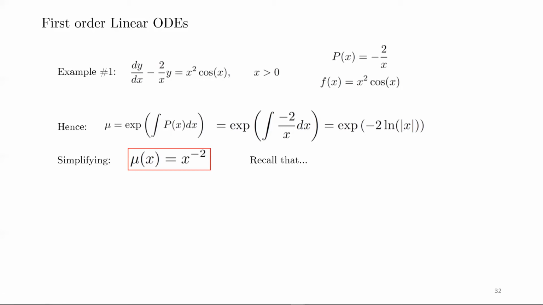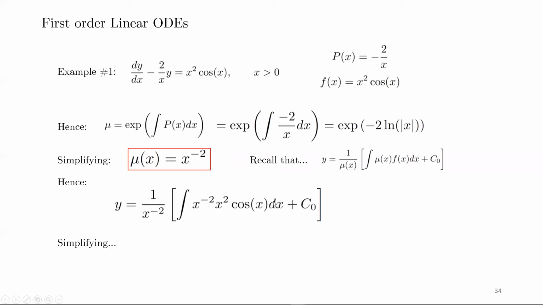So please convince yourself of the algebra there. Again, if you have any questions, let me know. So now I've come up with an expression for the integration factor mu of x. It's just 1 over x squared. Recall that the solution y is given by 1 over the integrating factor multiplied by the integral of mu times f plus the integration constant.